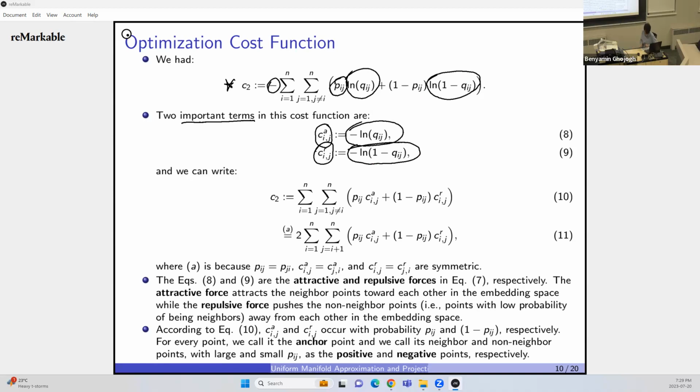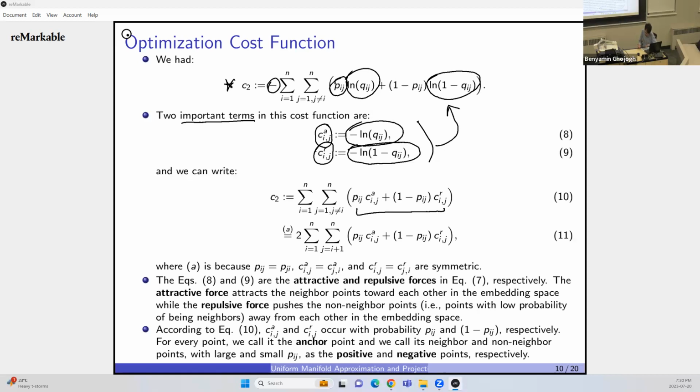Therefore, it's repulsive, right? If we put these two equations 8 and 9 into this equation, then we can rewrite the cost as equation 10.